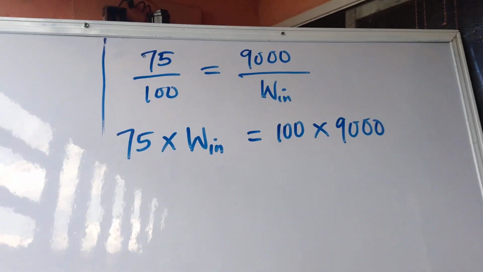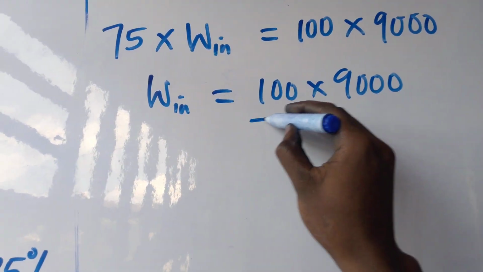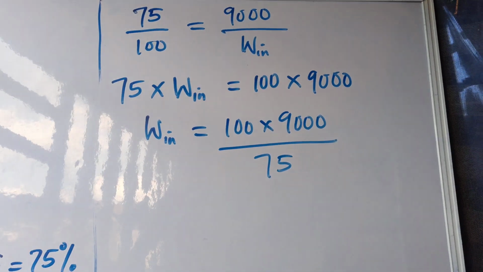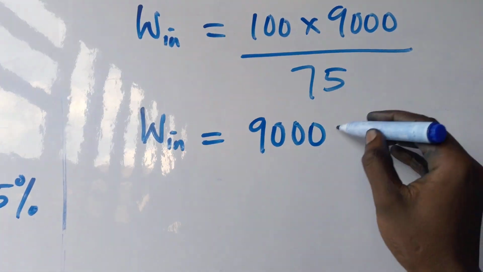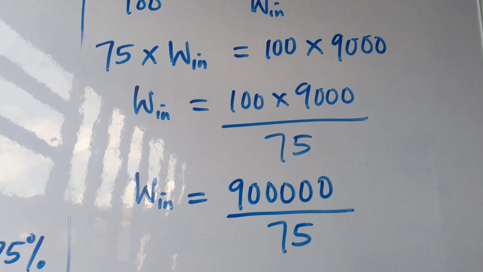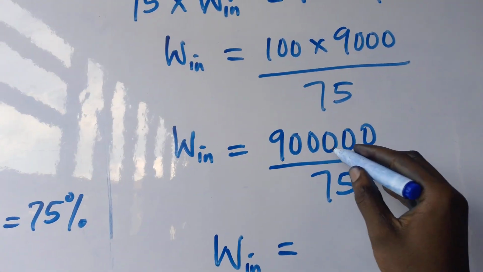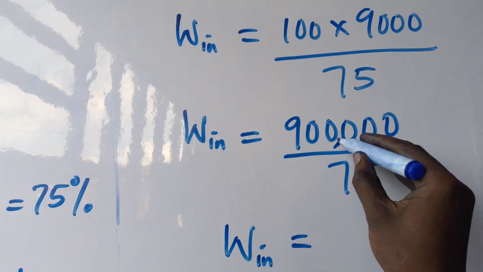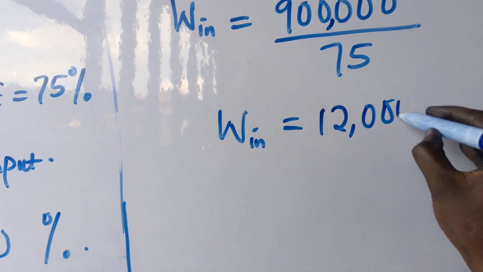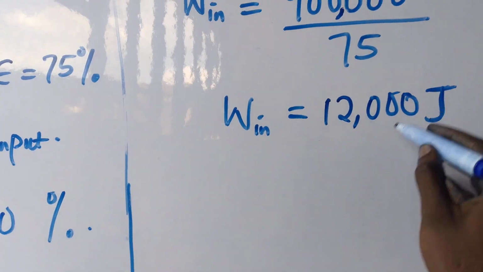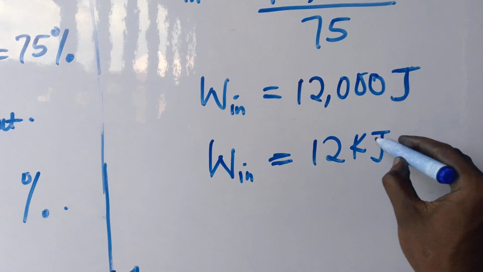So the work input will be equal to 100 times 9,000 divided by 75, which is 900,000 divided by 75, giving me 12,000 joules, or you can say the work input equals 12 kilojoules.